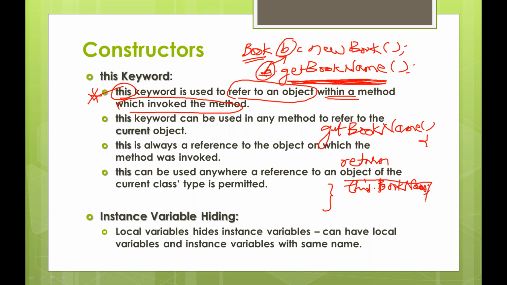I'm returning the book's name here, but I'm using the this keyword. This is the object which is invoking this method, which has this definition. So when I'm invoking the getBookName method, here this refers to this object.